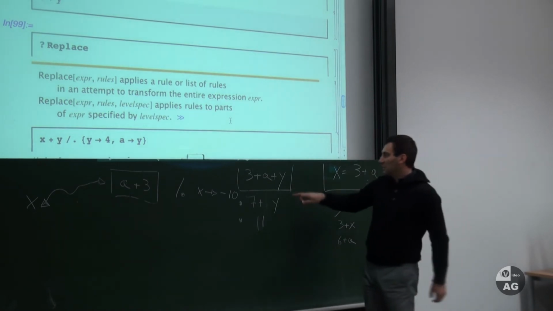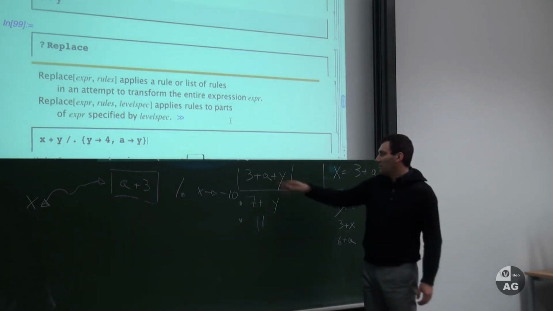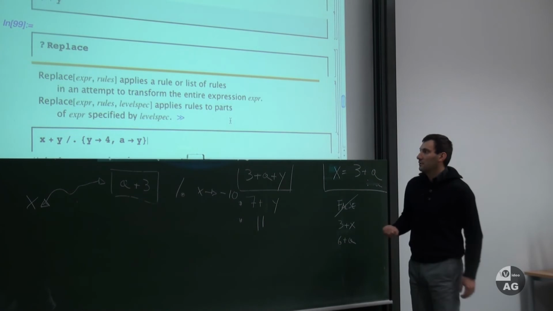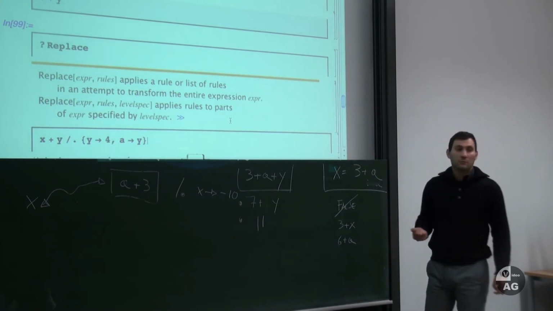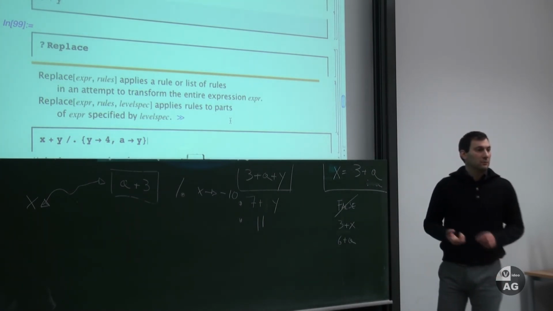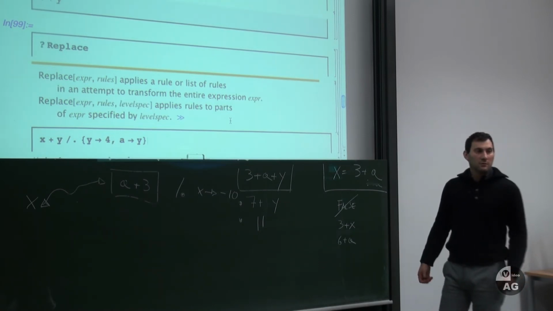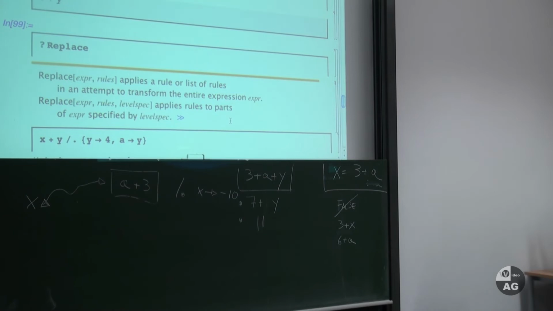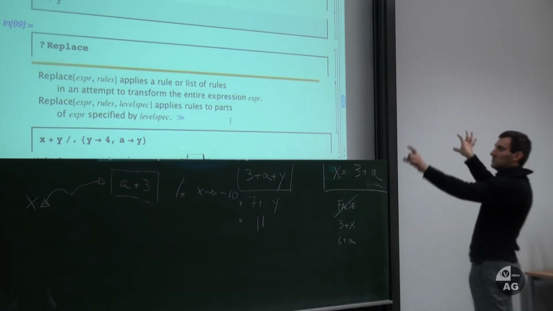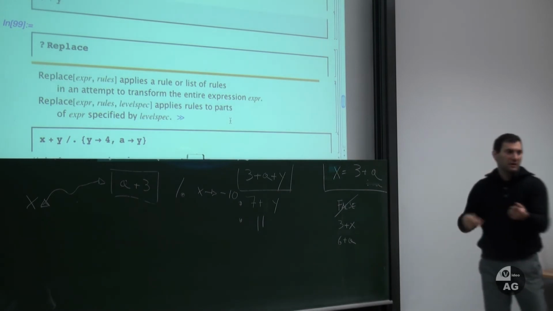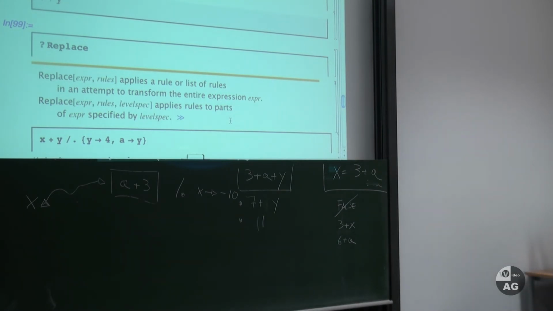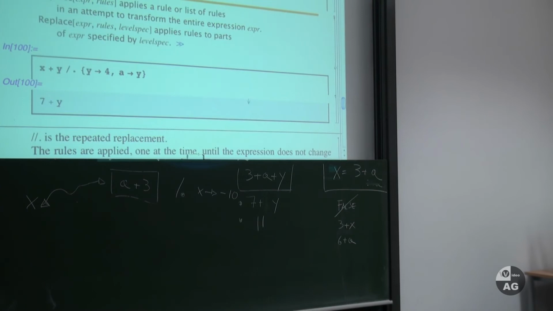Same situation. Now y goes into 4, a goes into y. Yeah, it's the same. I just reversed the order, but the match of the variables is separate. One operates on the x, one operates on the y. They don't affect each other, so the result is the same.